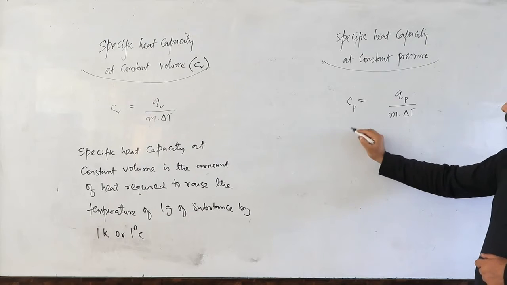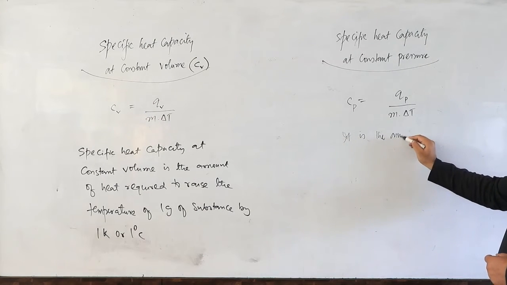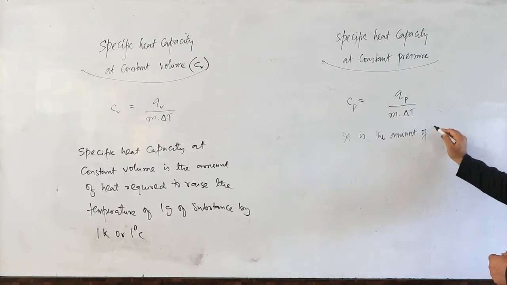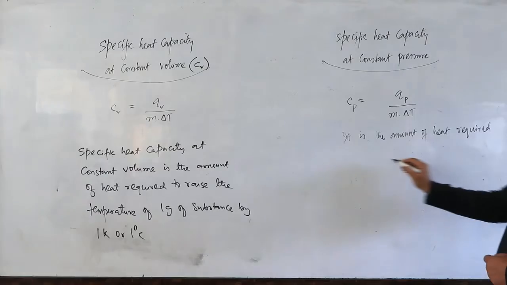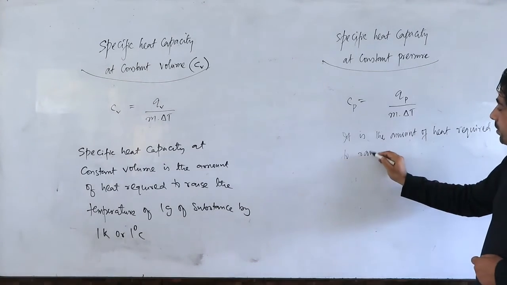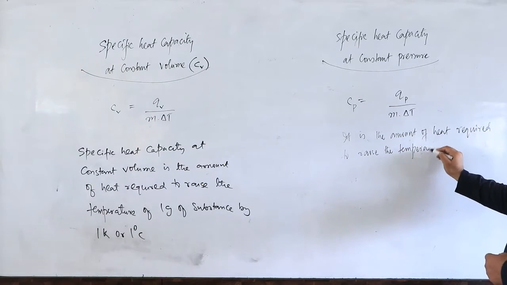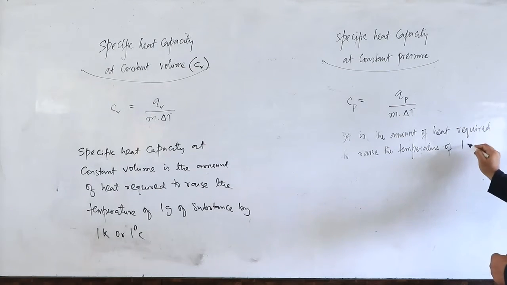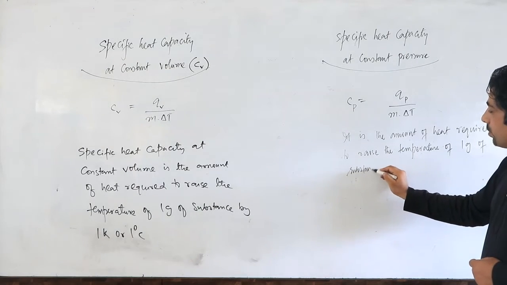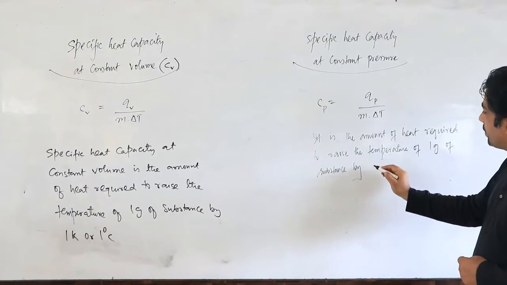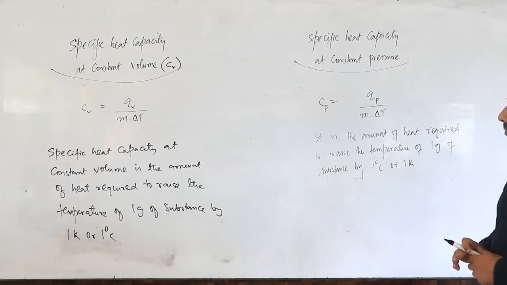So the definition is that it is the amount of heat required to raise the temperature of 1 gram of substance by 1 degree Celsius or 1 Kelvin, my dear friends.